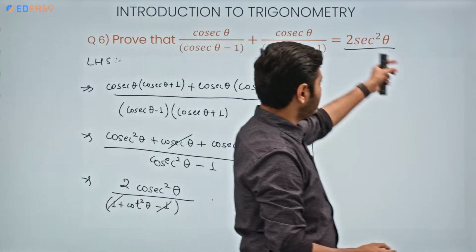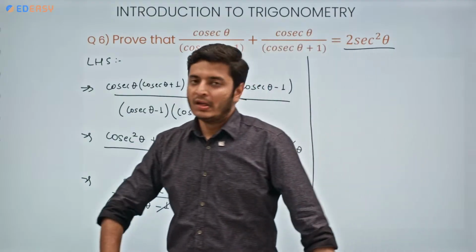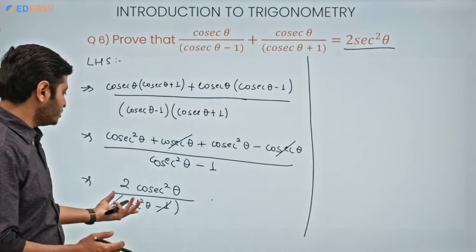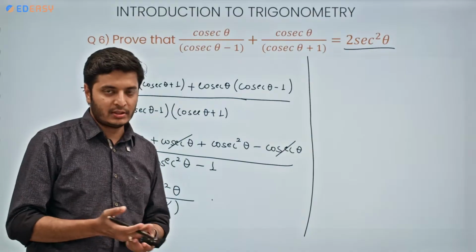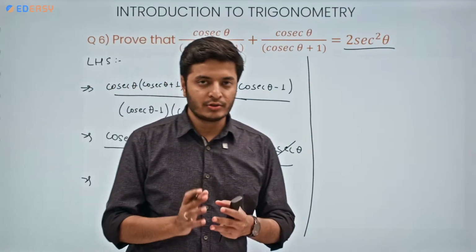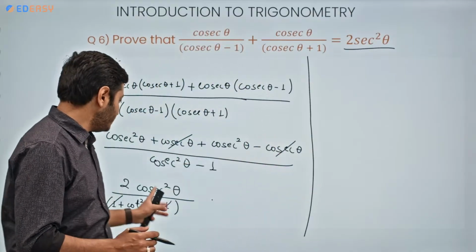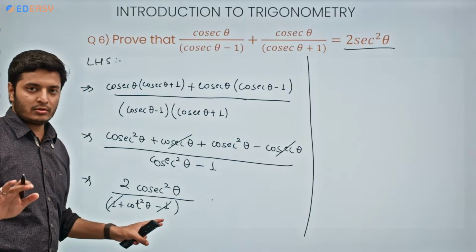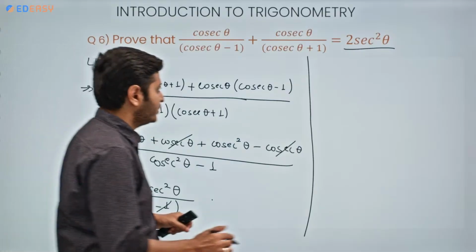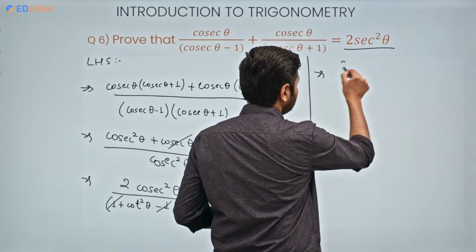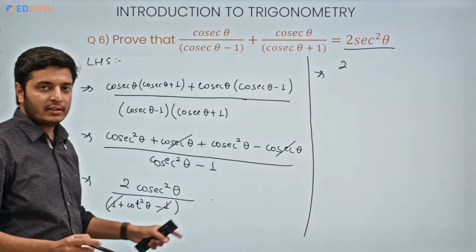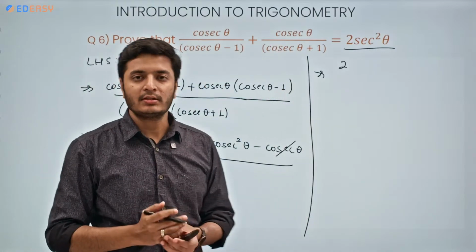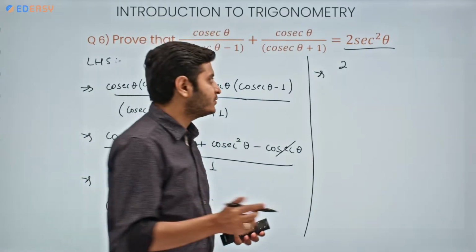We need to convert this into secant square theta. If you know the relationship, you can directly go with the secant square theta relationship. But if you are not sure, then you can convert these values in terms of sine and cos. So look at this. 2 cosecant square theta has a relationship with sine, so it will become 1 by sine square theta.